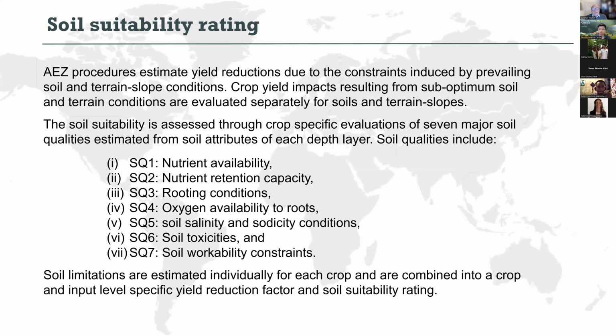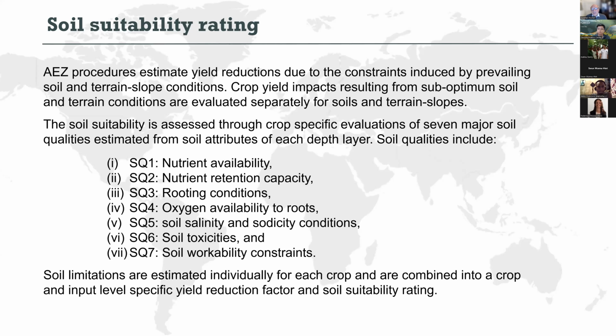the soil suitability rating. I mentioned already there are 2 components of the soil database, a geographic layer and a soil attribute database. And AEZ produces estimated yield reduction due to constraints induced by prevailing soil and terrain conditions in terms of 7 what we call soil qualities. And the soil qualities are listed here.